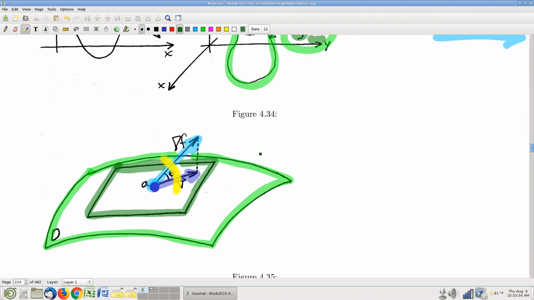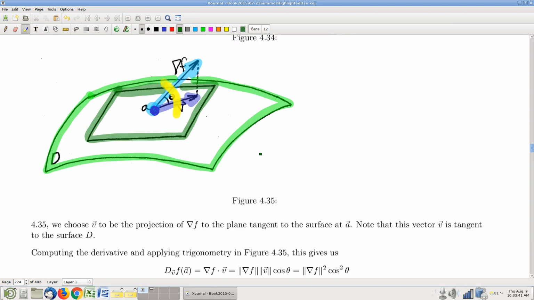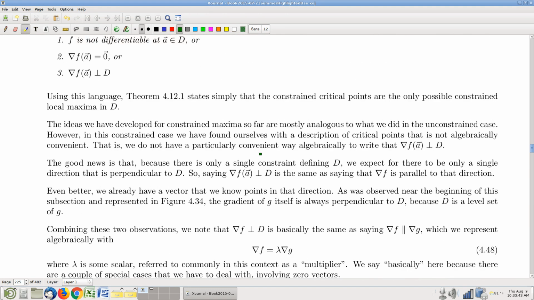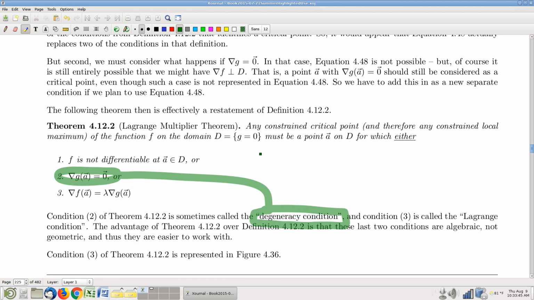But in such a case, when the surface is not a nice, flat, smooth, pretty, normal-looking thing, we call that a degenerate point on the surface. So this condition here is called the degeneracy condition for that reason. I'll be using that terminology a lot, and I encourage y'all as well. This condition has a name as well. By the way, you may have noticed this theorem is called the Lagrange multiplier theorem, sometimes the method of Lagrange multipliers.